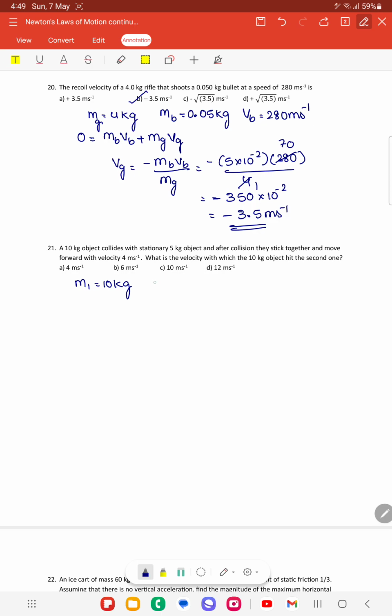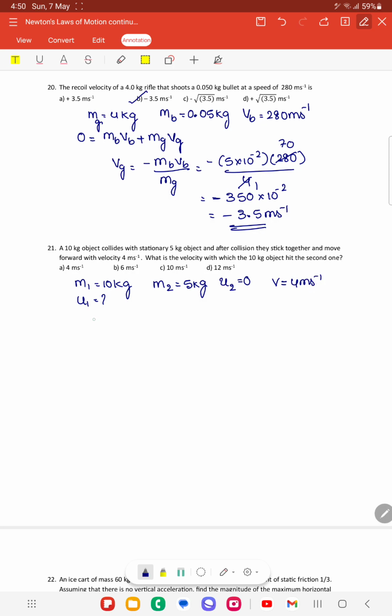Okay, so here we have to find the value of u1, and m2 is given as 5 kg, and the initial velocity of m2 is 0. So final velocity, the objects stick together and they move with the common velocity, it's 4 meter per second.